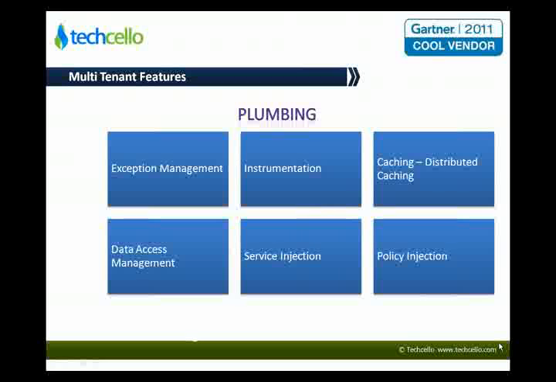For example, if you want to instrument calls to a particular method ABC of a service, then you should be able to plug that in for a particular tenant at runtime. So this makes the product quite loosely coupled, and you would be able to add more external services to your business functionality at runtime. So that's what policy injection is about.